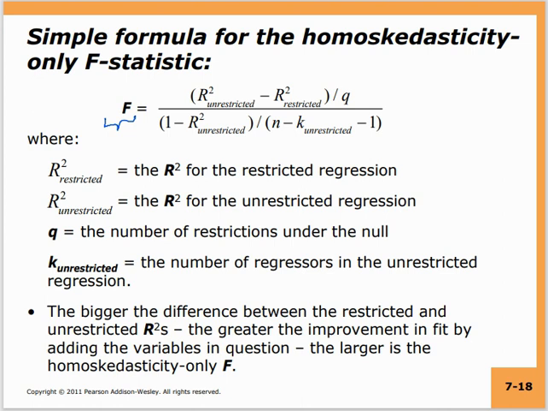Here we have the R square for the restricted regression, the R square unrestricted, and q is the number of restrictions under the null.